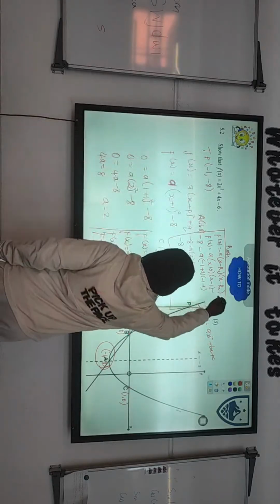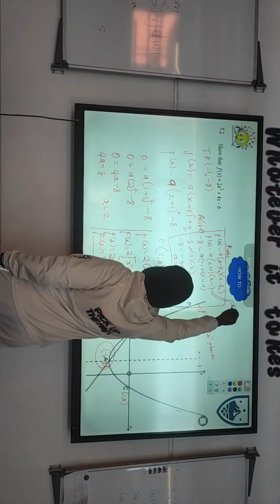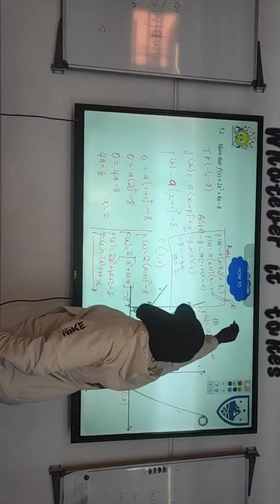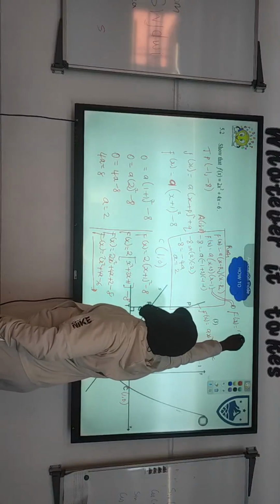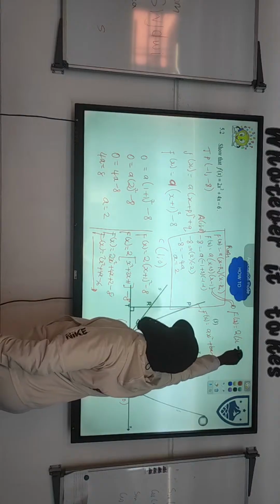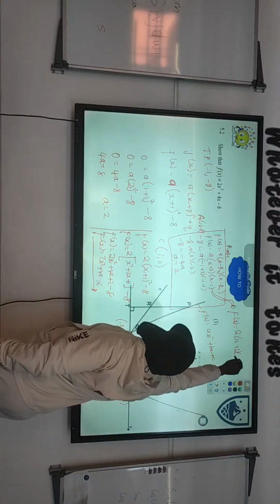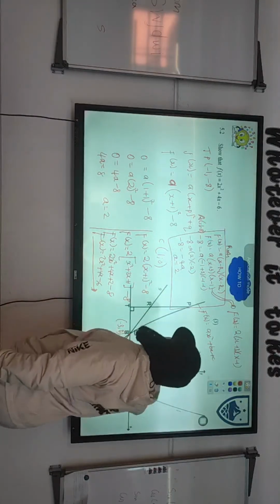So my a will therefore be equal to 2. I have this equation with my a now confirmed as 2. So my f at x can be written as 2 times x plus 3 times x minus 1.